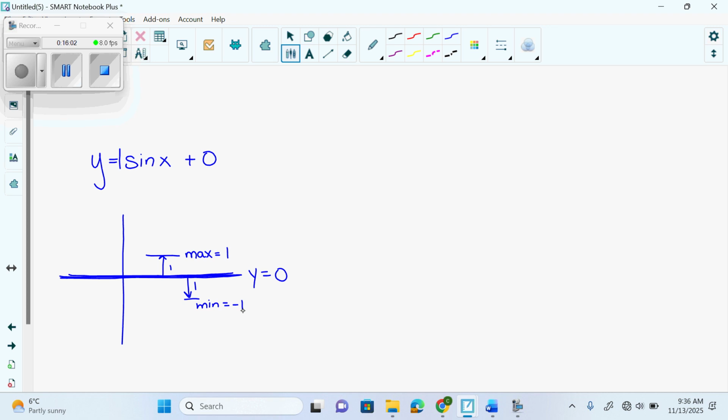So if I know what my midline is, and I go up the amplitude and down the amplitude, I get my min and my max. To get the max, you're going to do d plus amp. And to get your min, you're going to go d minus amp. Would it work if you went amp first? It wouldn't make sense because you need to take that midline and add the amplitude.